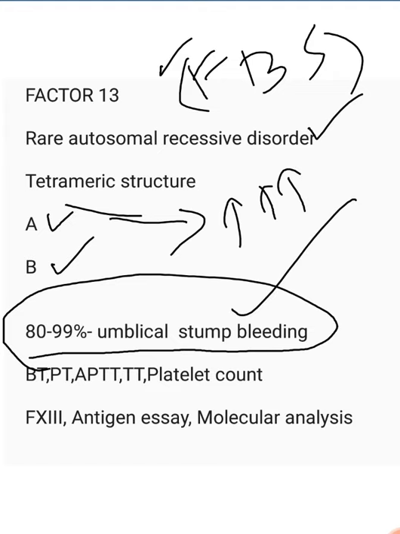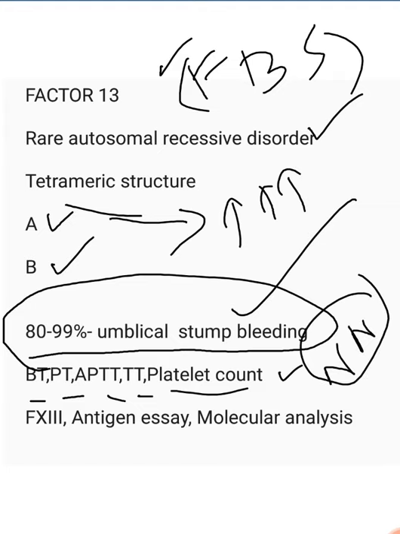In the laboratory investigations, your bleeding time, prothrombin time, activated partial thromboplastin time, thrombin time, and platelet count will all be absolutely normal. How to detect it? We have factor 13 activity assay, antigen assay, or molecular analysis. Using these methods you can detect the levels of factor 13.